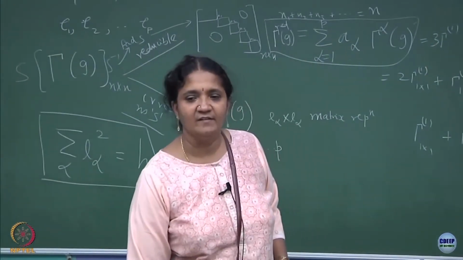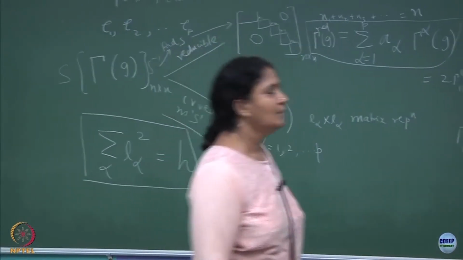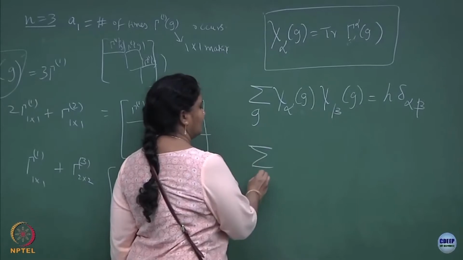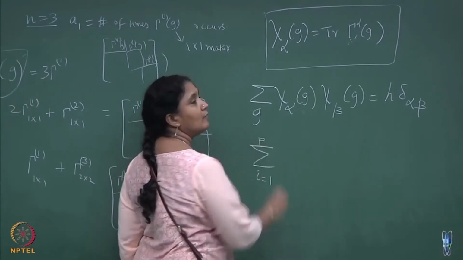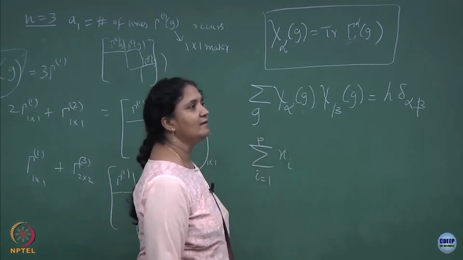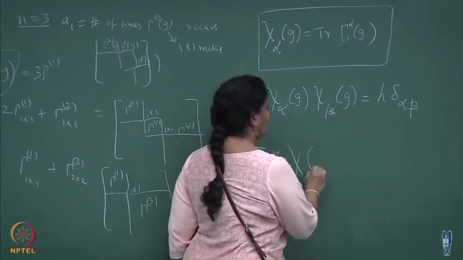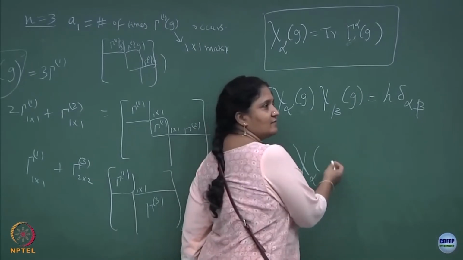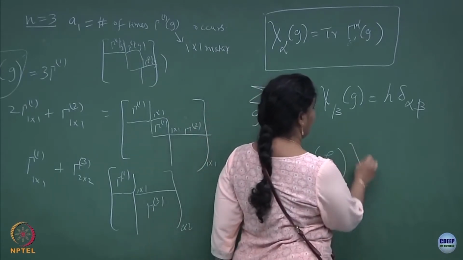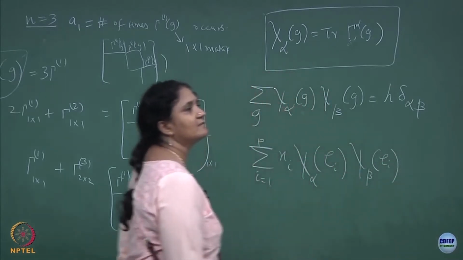Equivalently, since the character within the class is same, okay, you could replace this by summation over classes 1 to p, number of elements in the class i, and then you have a character for the irrep alpha for a candidate in that class, which you can take formally as Ci, and chi beta for the candidate in the same ith class.